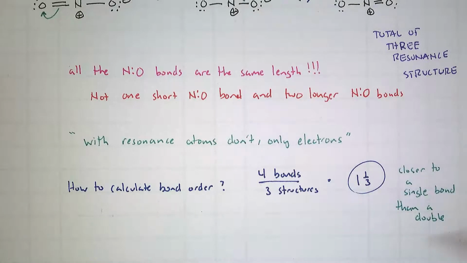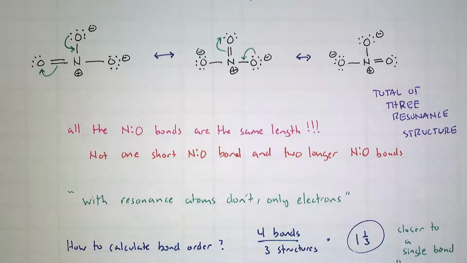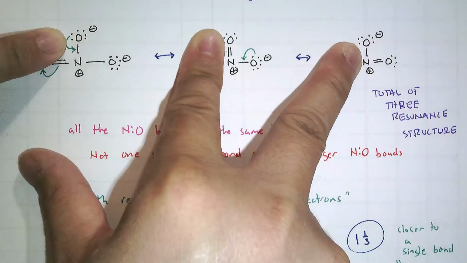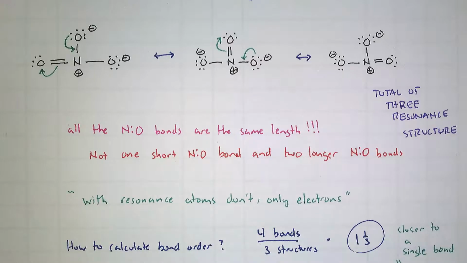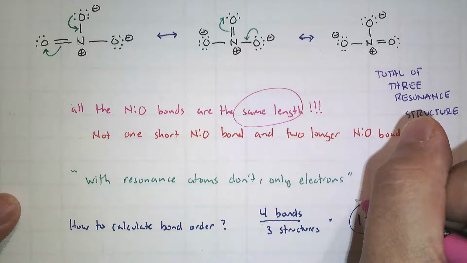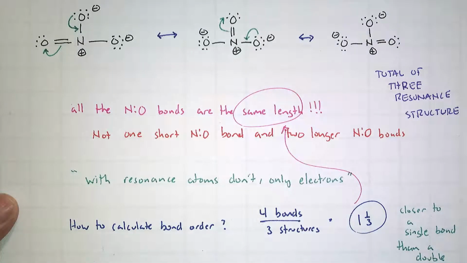So the next thing is to understand in resonance, well, if I had chosen the oxygen on the top, that would also be 1 1/3. If I chose the oxygen on the right, that will also be 1 1/3. That's why they're all the same length. They're all indicative of a bond that's theoretically 1 1/3.